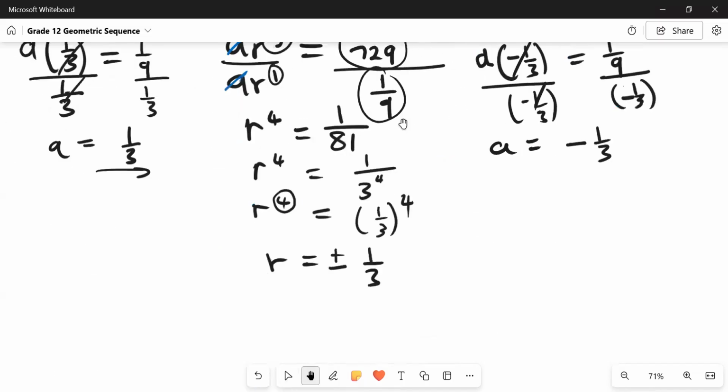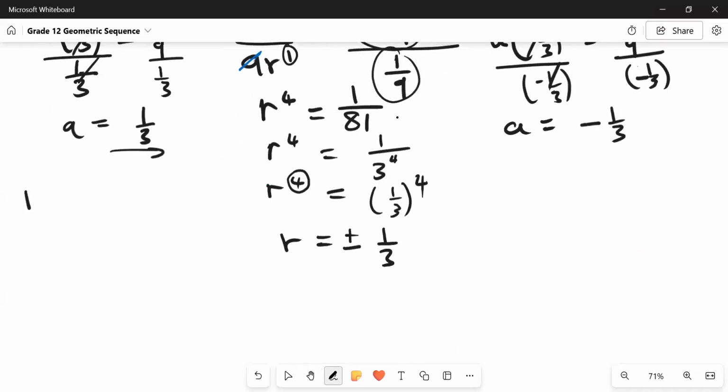After getting a, the first term, you multiply your first term by r to get the next term. So 1 over 3 times 1 over 3 is 1 over 9, and multiplying by 1 over 3 again gives 1 over 27.